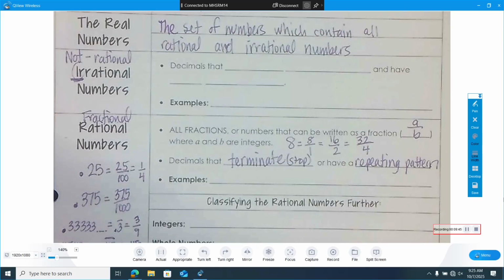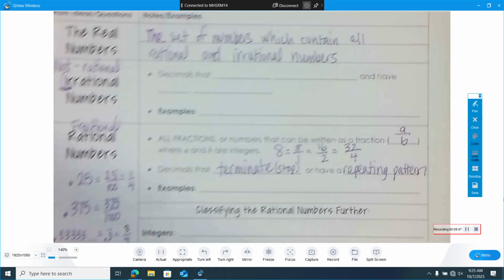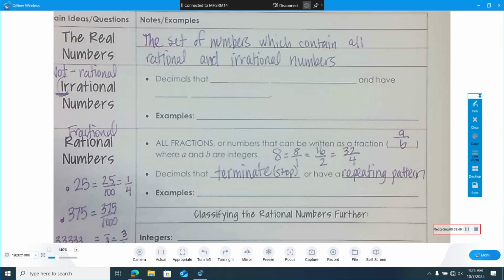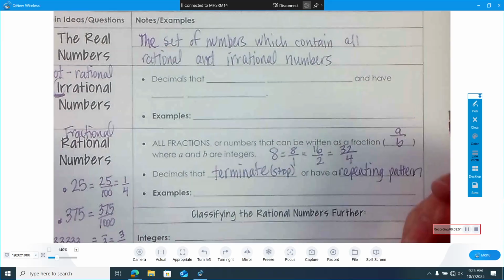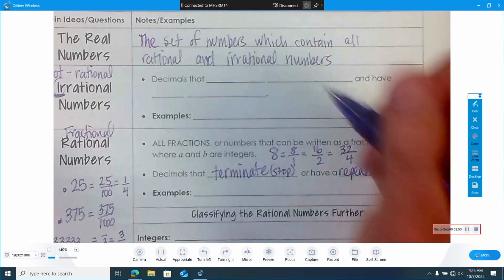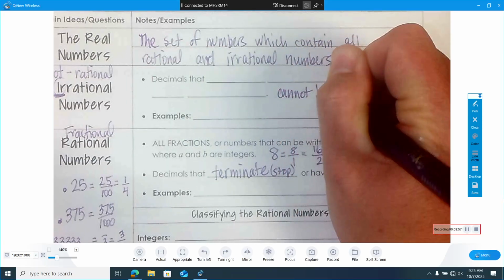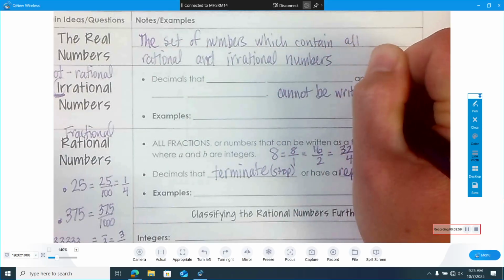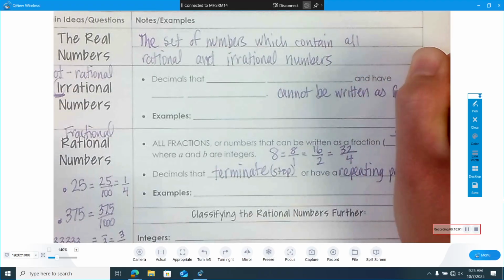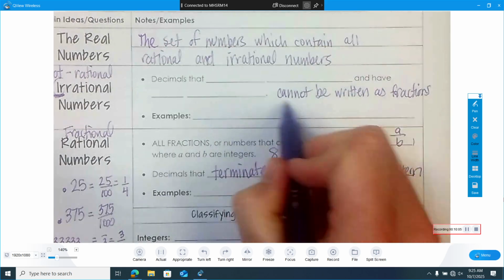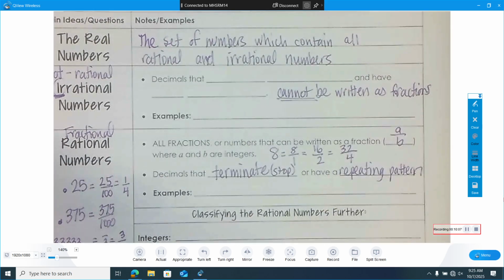Not fractions. We cannot write them as fractions. So these are decimals that cannot be written as fractions. That is very important. Irrational numbers cannot be written as fractions.